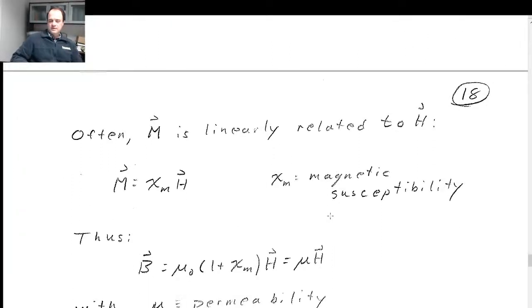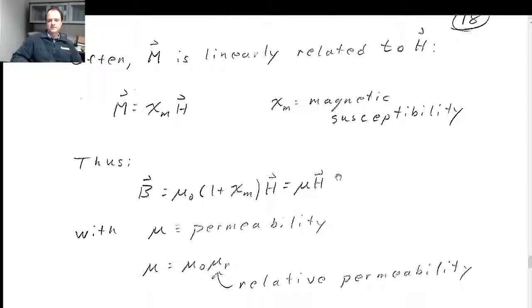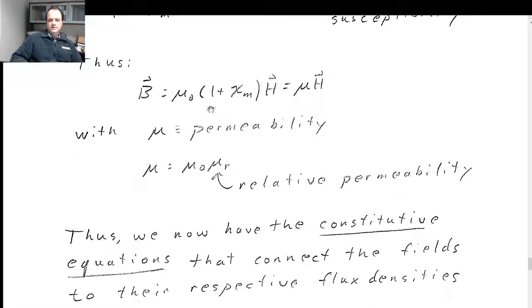Just like with electric fields and polarization, M is linearly related to H quite often. We write it like this: M is equal to chi M times H, where chi M is called the magnetic susceptibility. Thus, we have B is equal to mu naught times the quantity 1 plus chi M, times H. We express mu naught times 1 plus chi M as mu, where mu is the magnetic permeability.